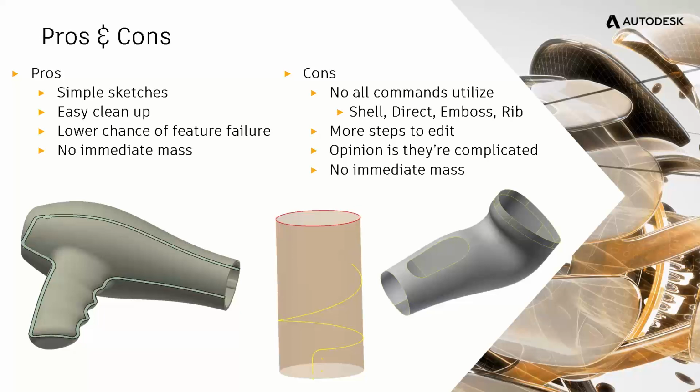There is a little bit less chance of a feature failing to compute. Probably one of the most common ones that used to happen is the sweep command. If you swept along a curve and the curve was too tight of a radius, that profile is turning back onto itself, and you would end up with what's called a self-intersecting loop or self-intersecting sweep.